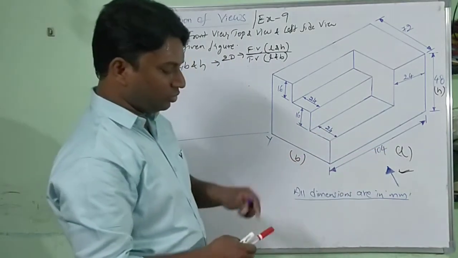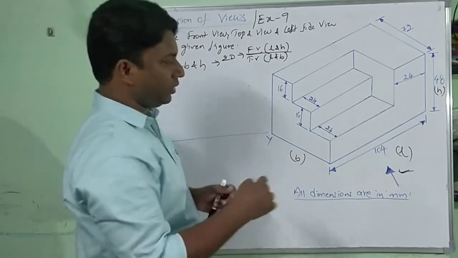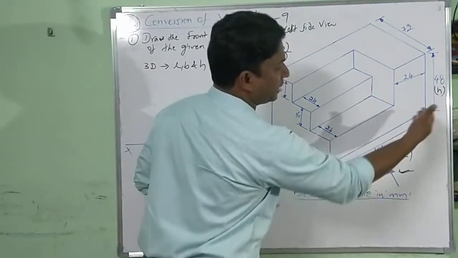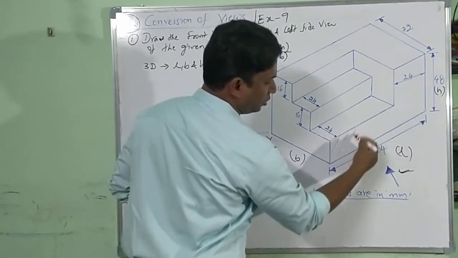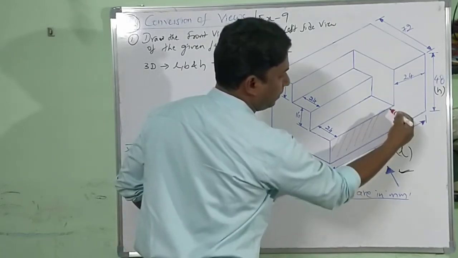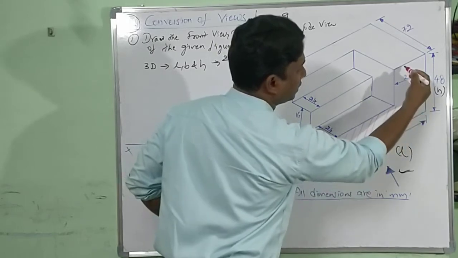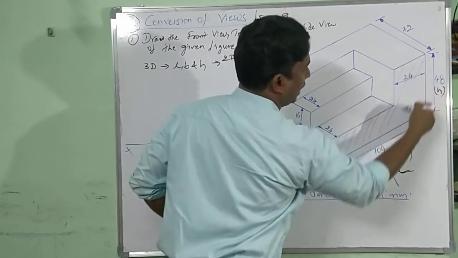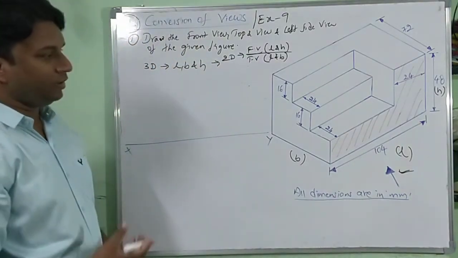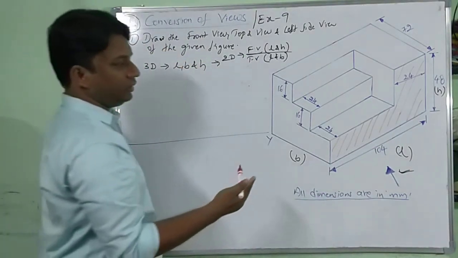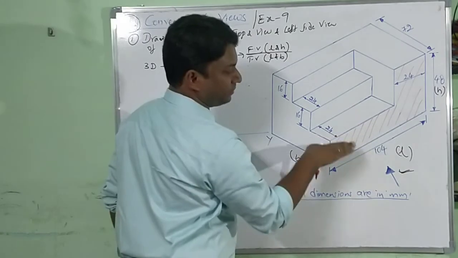See, I would like to take another color to explain this to you. 104 is the length. Right now, I am trying to show you. This whole part comes as the front view, because length and height, right? Same way, I said it's a step.